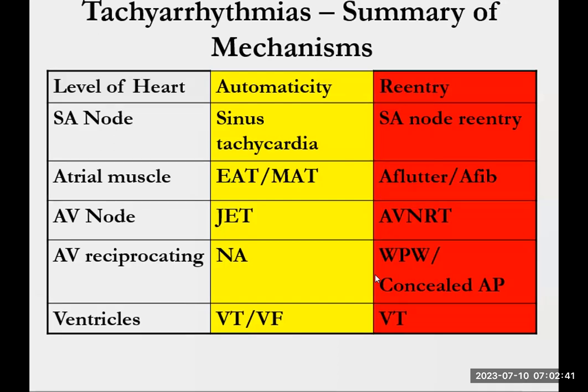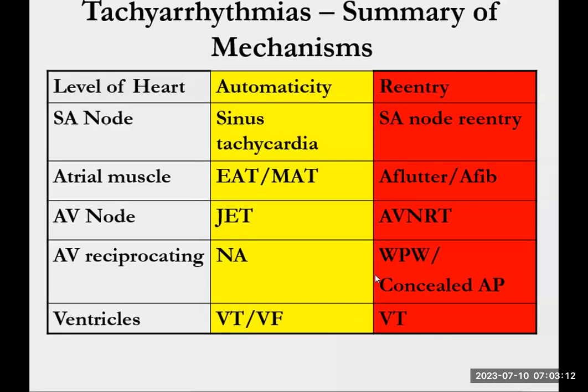And remember that there are two major mechanisms for arrhythmia, being automaticity and reentry. At the level of the sinus node, sinus tachycardia is the most common automatic arrhythmia, and sinus node reentry is a much more rare, but still occasionally seen reentrant arrhythmia. At the level of the atrial muscle, automatic arrhythmias are ectopic atrial tachycardia or multifocal atrial tachycardia, sometimes called chaotic atrial rhythm.